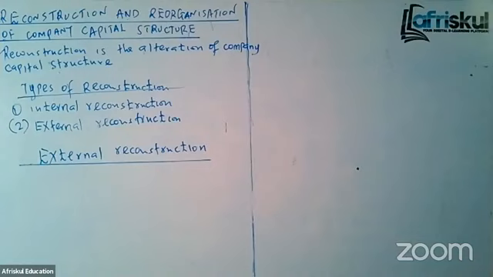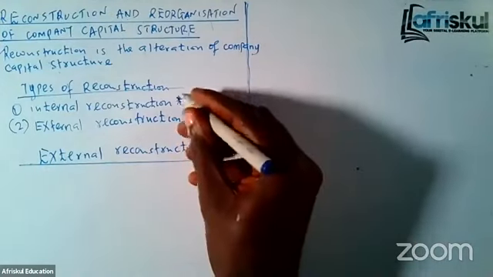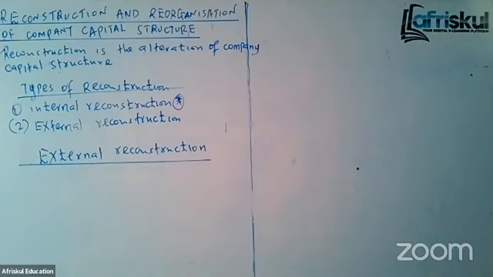So you can see the trend of what can be tested this sitting. Mostly you can see that maybe a question of external reconstruction would be in your exam, which we expect to be in July.